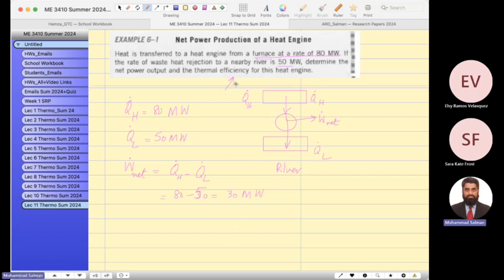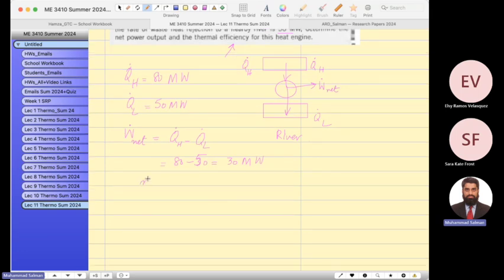And it is also asking the thermal efficiency of this heat engine. So thermal efficiency is the desired output, which is the power output, divided by the heat generated inside the furnace. So desired output is 30, heat is 80. Let me double check. This is 30 over 80. Yeah, this is 37.5%.